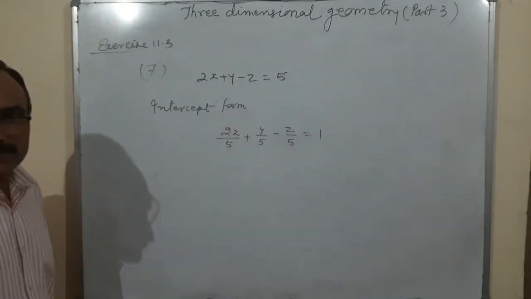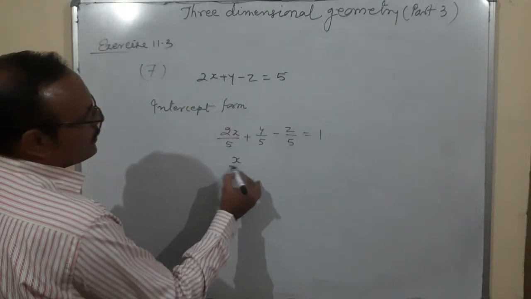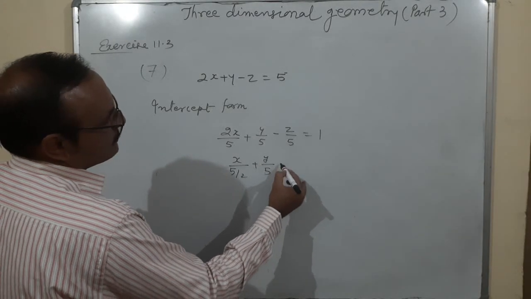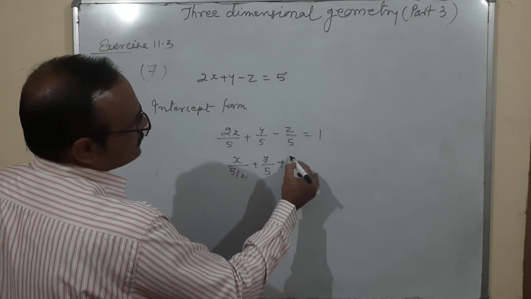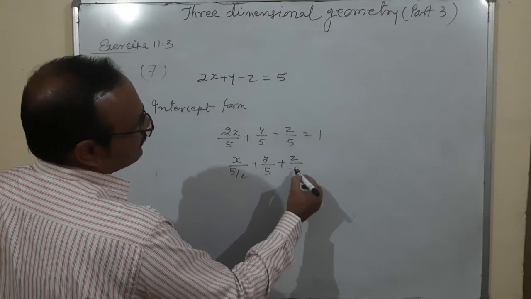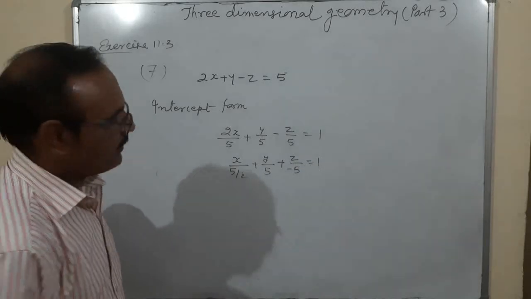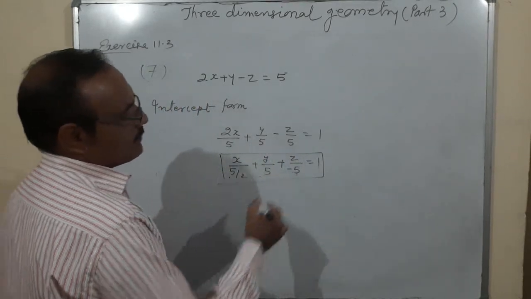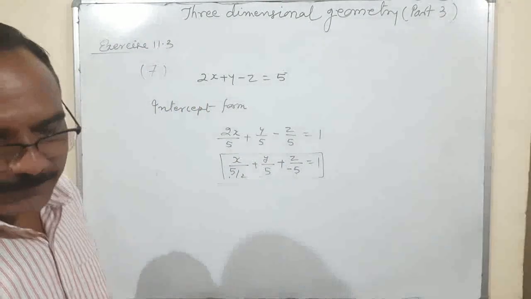We'll divide by 5. Now what is this? x upon 5 by 2 plus y upon 5 plus z upon minus 5 is equal to 1. So this is the intercept form. 5 by 2, 5 and minus 5 are the intercepts.